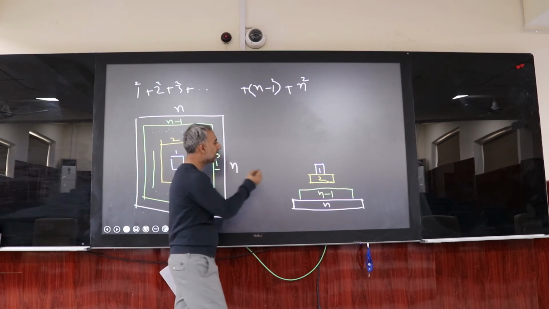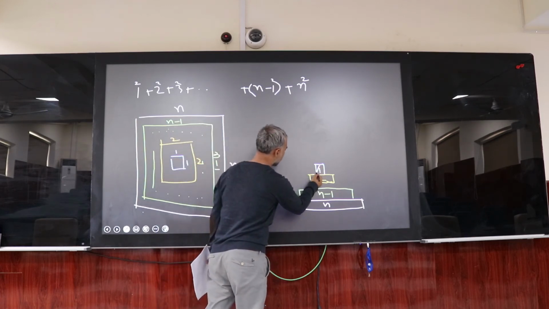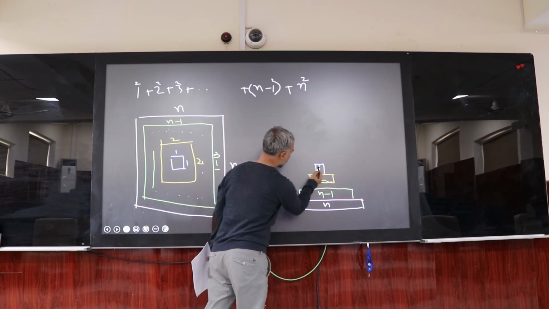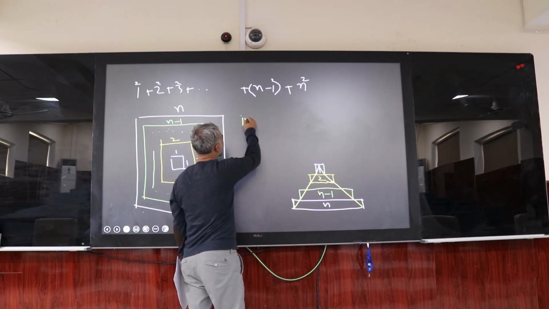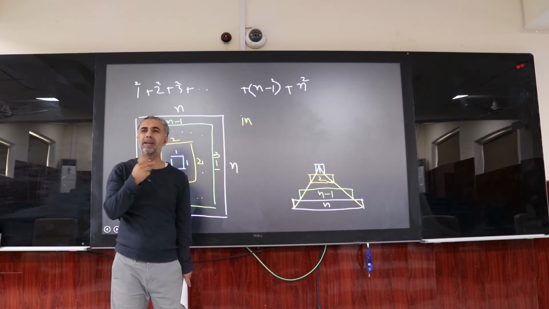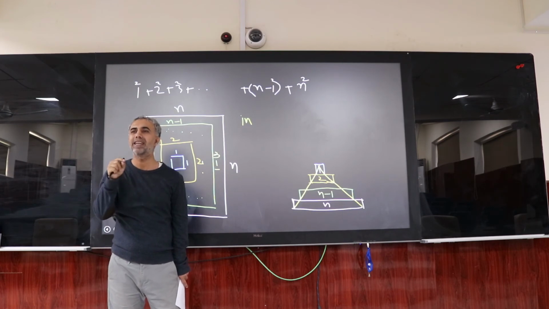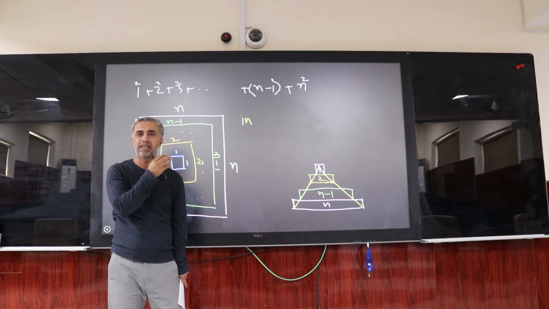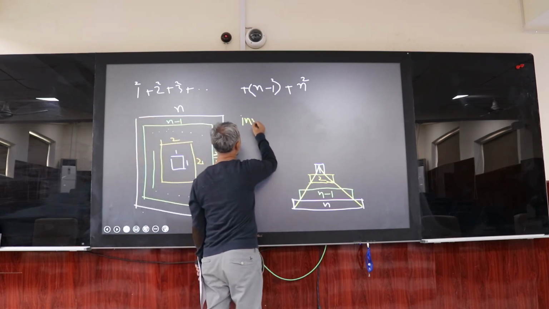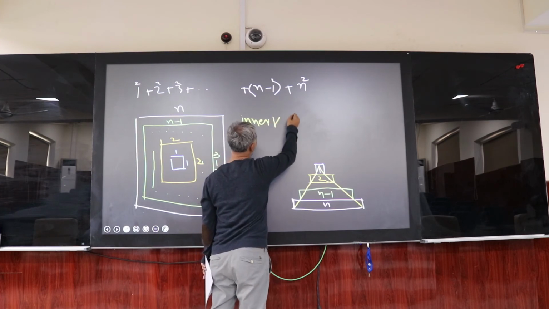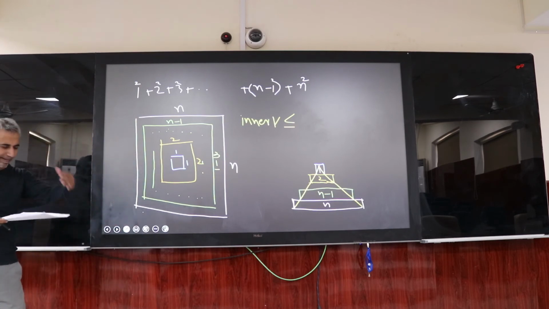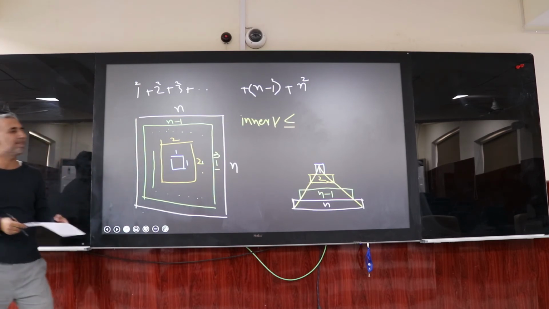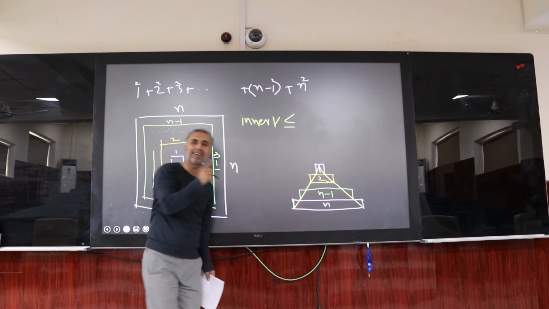First one is the inner volume. Visually we can inspect that it is very much smaller than the exact formation of the block. So the inner volume will be smaller, or if it is very accurate, it may be equal, but not greater in any case.